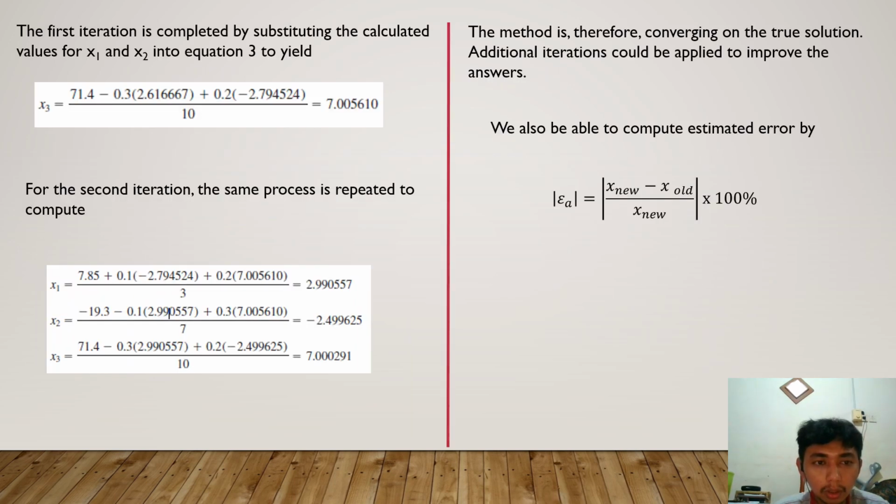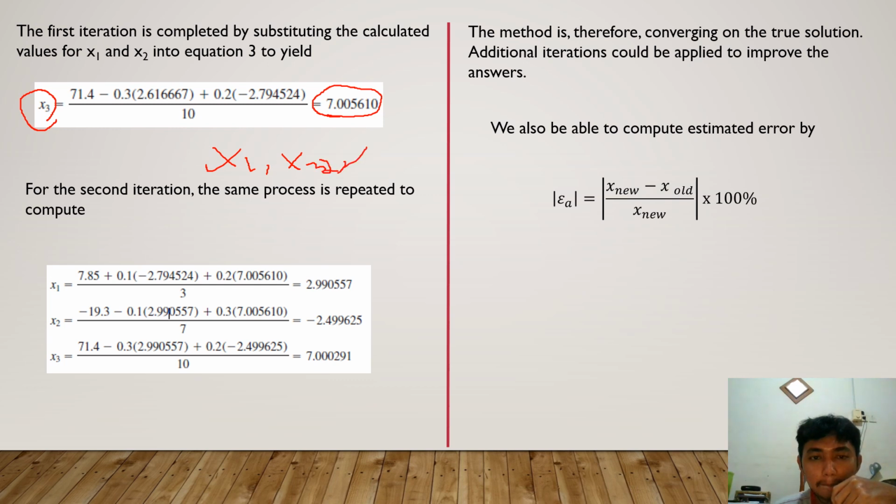Next we do the same for the third variable x3. We substitute x1 and x2 from the previous calculations, and then we obtain this value. Okay, the first iteration is complete. We obtain x1, x2, and x3.